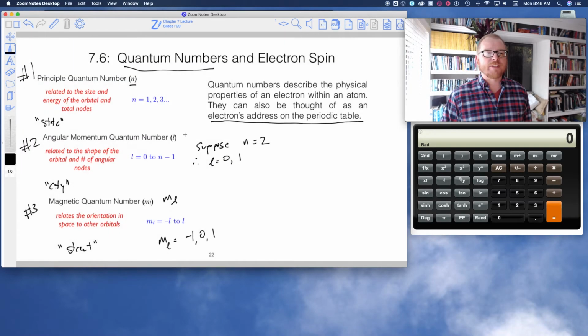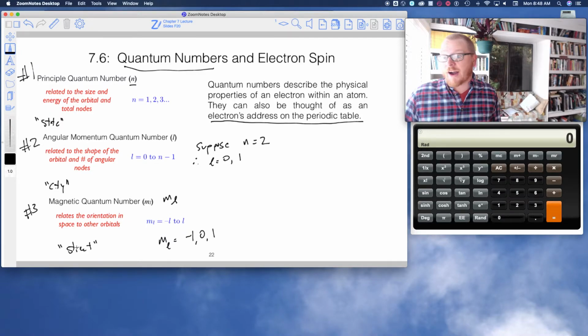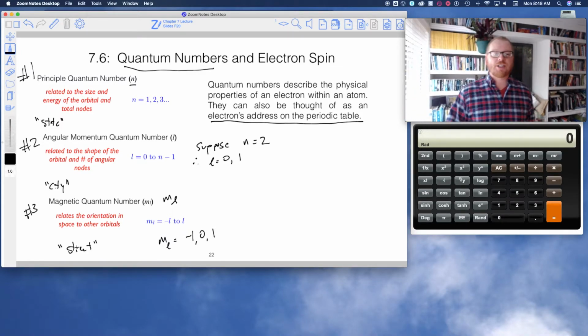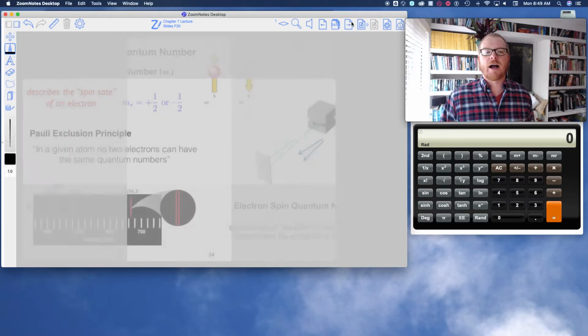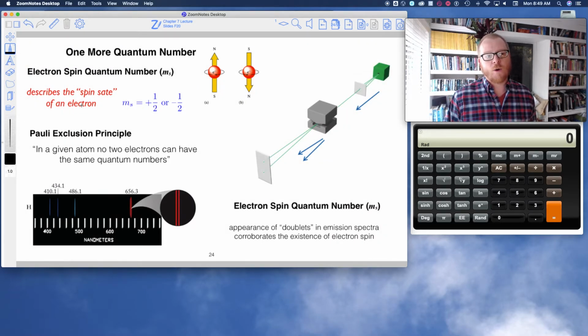If I back up for a second, we had the principal quantum number, that's like the state we live in. The angular momentum quantum number, that's like our city. The magnetic quantum number is our street. So what we're missing is like our house number, right? In this analogy, that would be our last thing: the electron spin quantum number, m sub s.